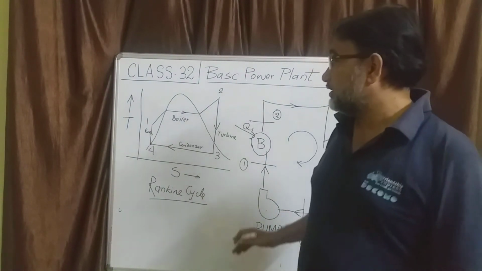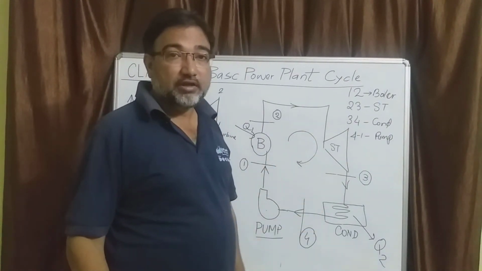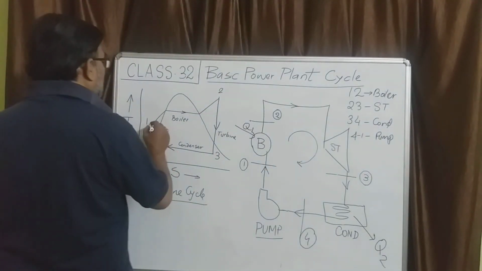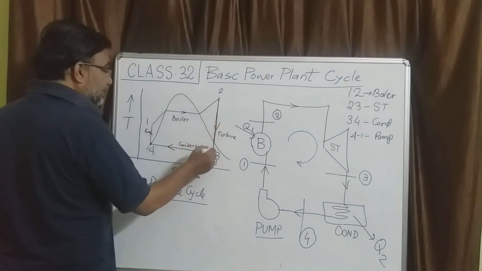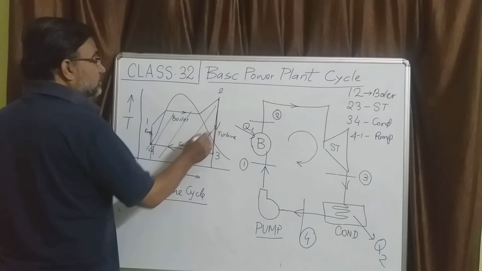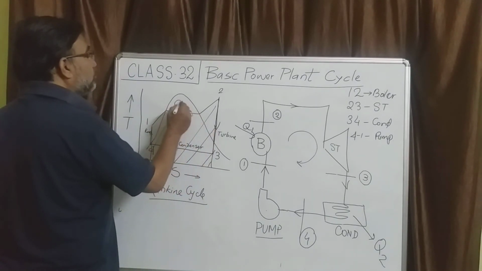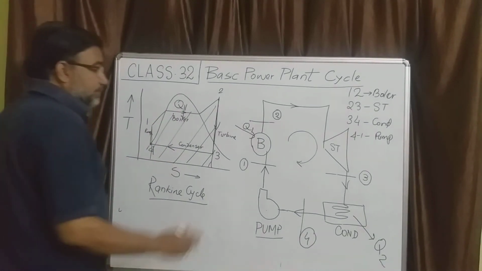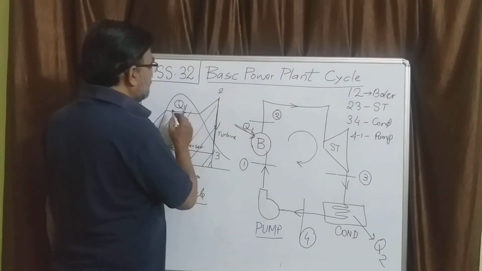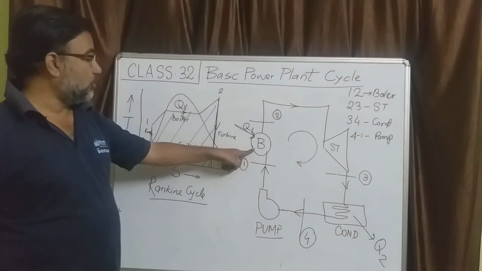Right? And you know that in a TS diagram, the area under the curve is heat transfer. So the area under point 1 to 2 is this area. So this area is the heat supplied because it is in the increasing direction of entropy. Thus this is Q1. This area represents the amount of heat given to the steam in the boiler.